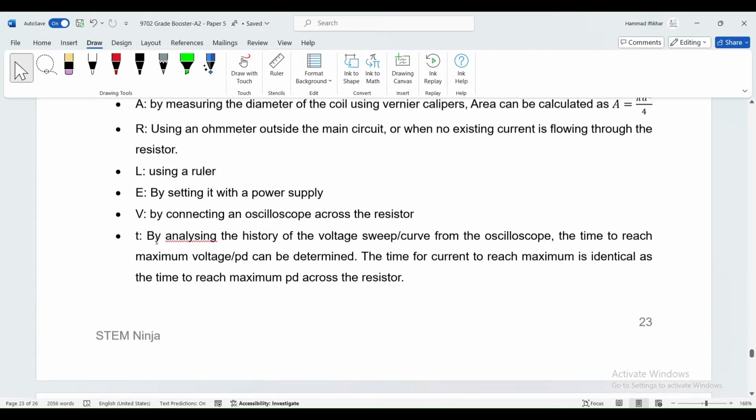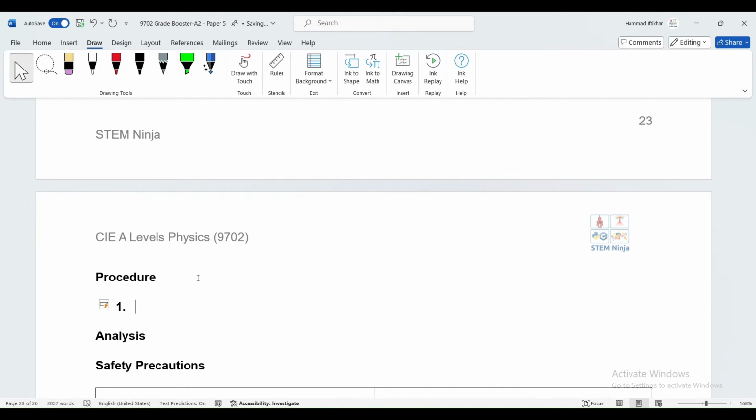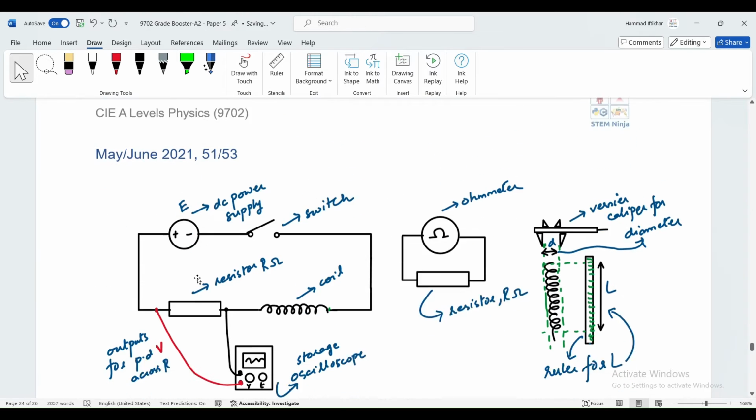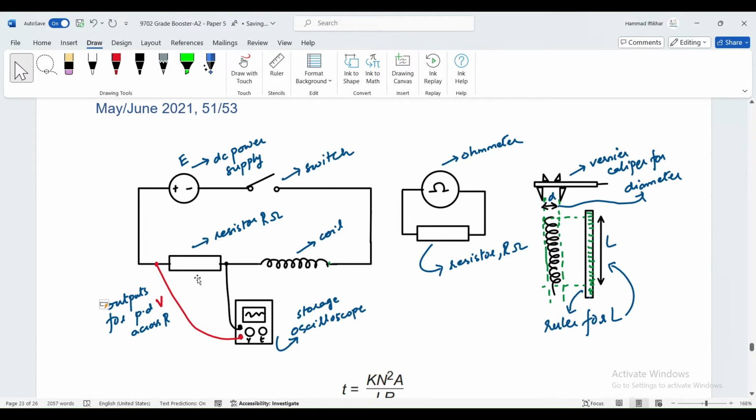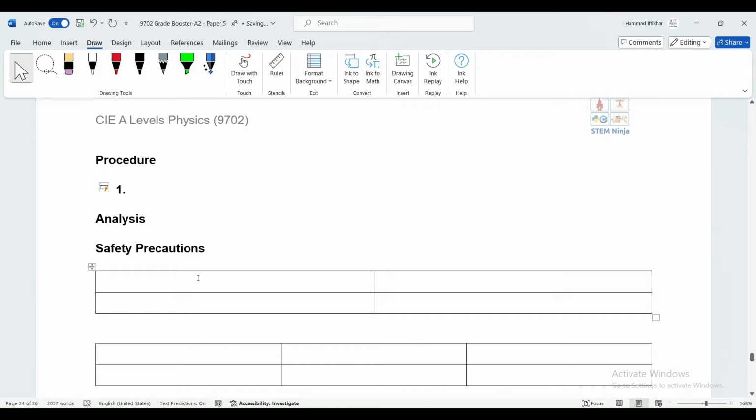Right, okay. Now we start off with a procedure. So the power supply, okay. First we will measure the resistor.